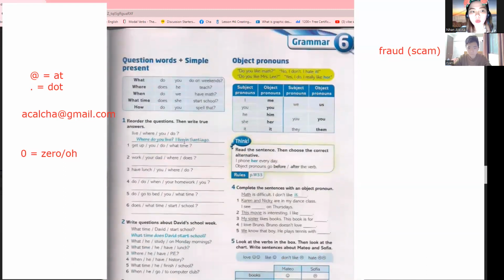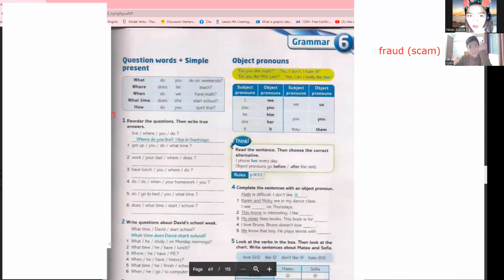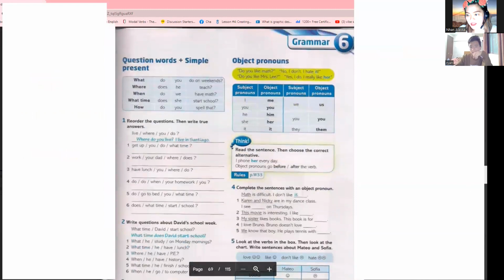We already have a glimpse or an idea about question words. So Ryan, with your understanding, what do we mean by question words?